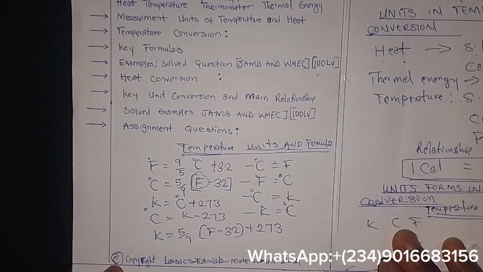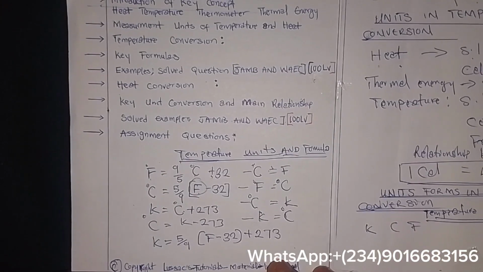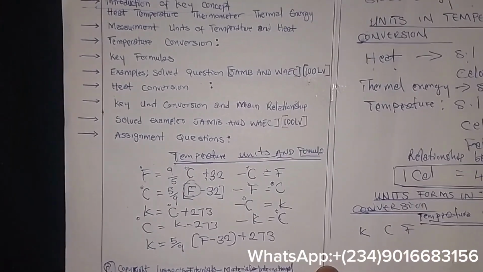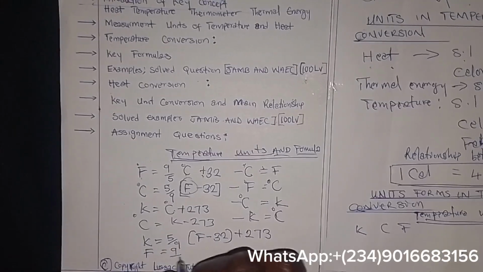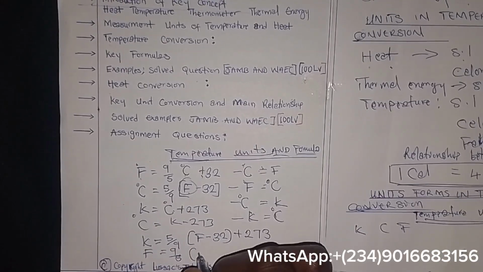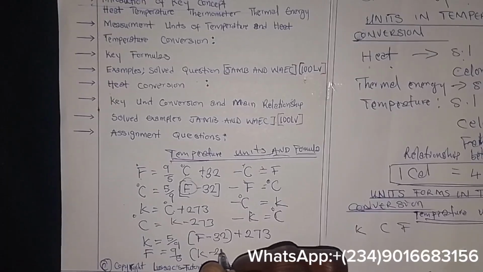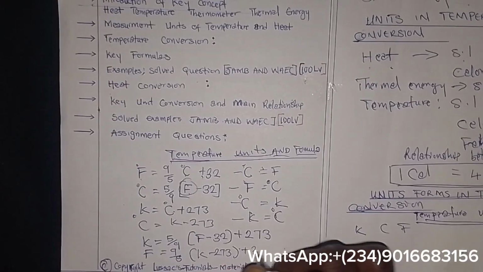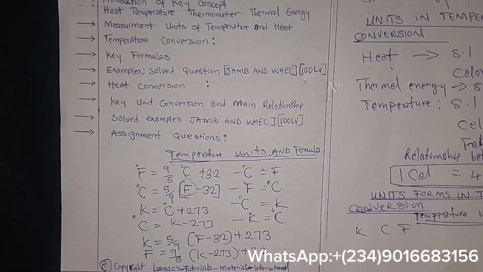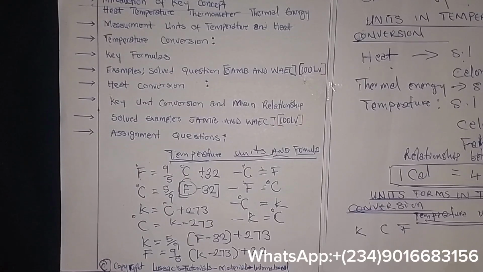And another one: Fahrenheit is equal to 9/5 of K minus 273, plus 32.